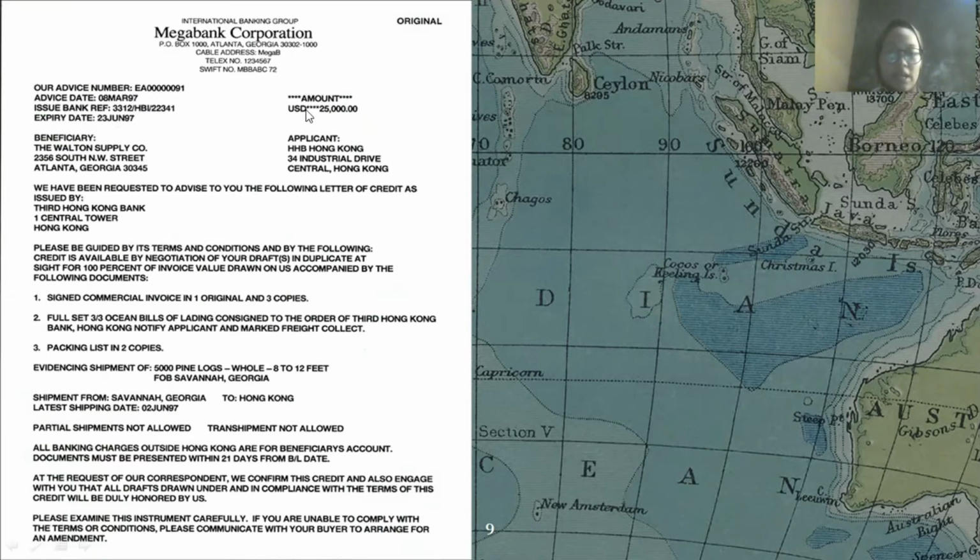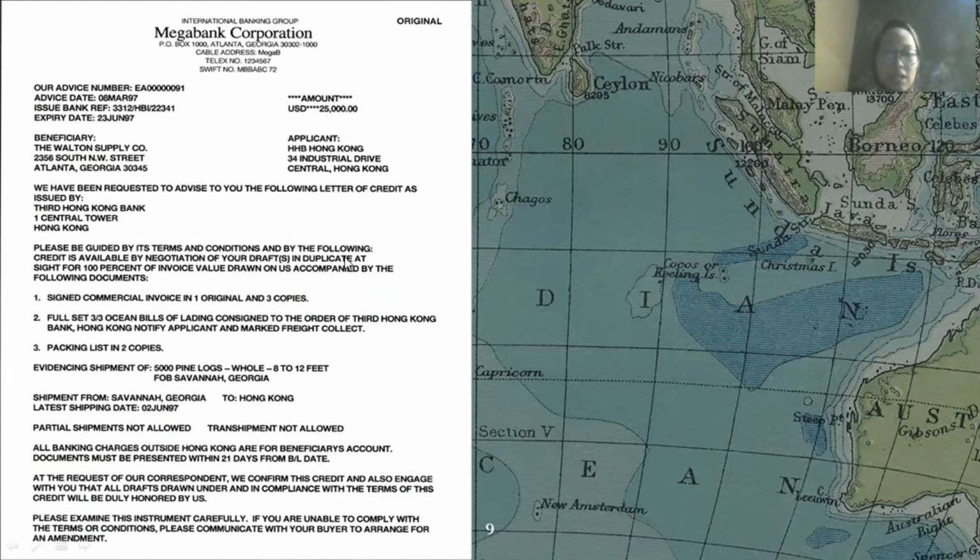Next part is the amount of funds available, which is $25 US dollars. And next part is the name and the address of the beneficiary. This part is the applicant, the name and address of the applicant.